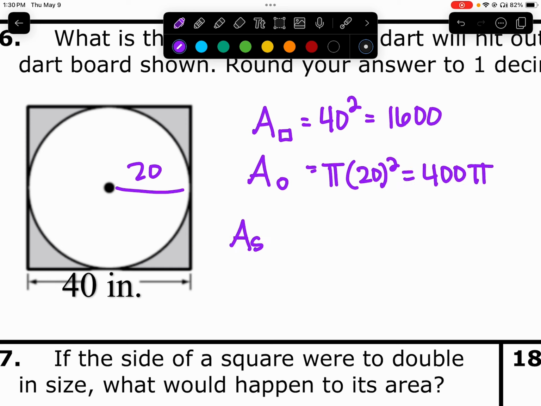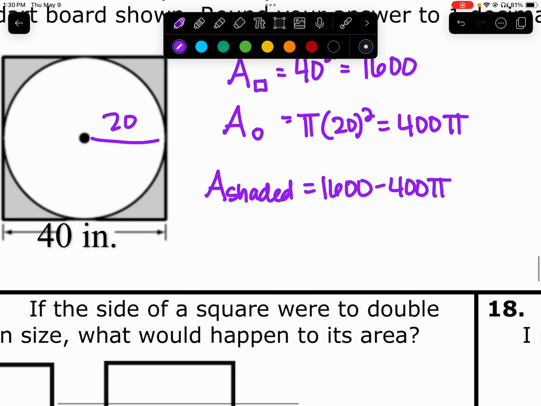We need the area of the shaded, so that's going to be 1600 minus 400 pi. So that'll be about 343.3629, and so on. Not rounding yet. Don't round until the very end.